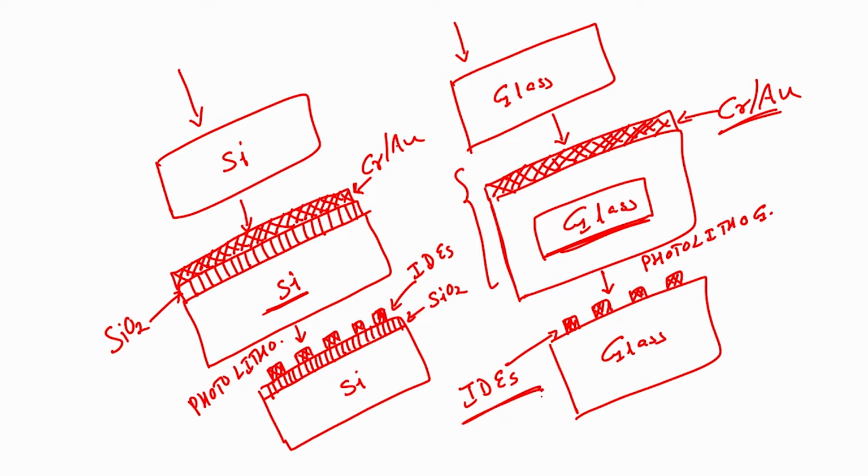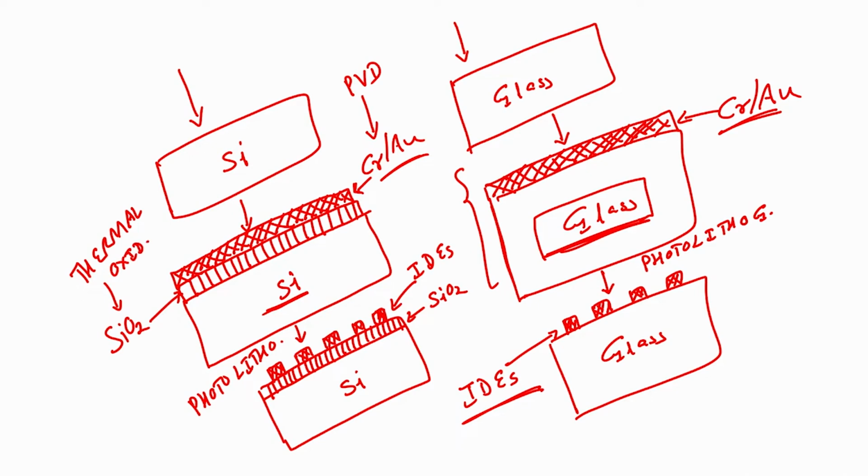In case of silicon, since silicon is a semiconductor, I need to deposit or grow an insulating layer over which I will deposit metal, and then perform a photolithography to form interdigitated electrodes. This metal is grown using a technique called physical vapor deposition. Silicon dioxide is grown using thermal oxidation.